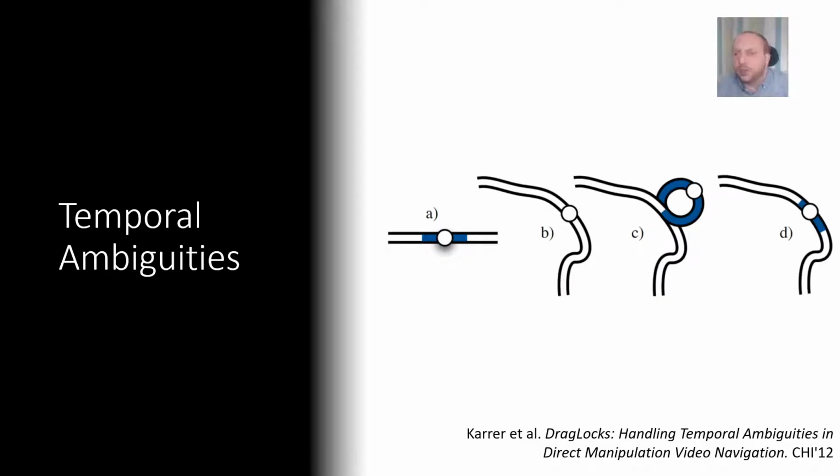Temporal ambiguities occur when there is little or no movement of the object in the video, which can cause erratic jumps or frames to be skipped altogether. DragLocks posed ways of solving this based on altering the trajectory of the object's handle. However, this is not applicable for the case of adaptive video playback, where the user should be able to intuitively navigate pauses without breaking the immersion.